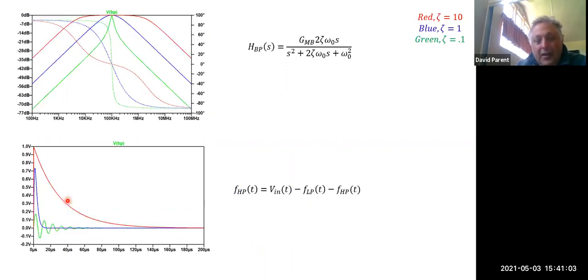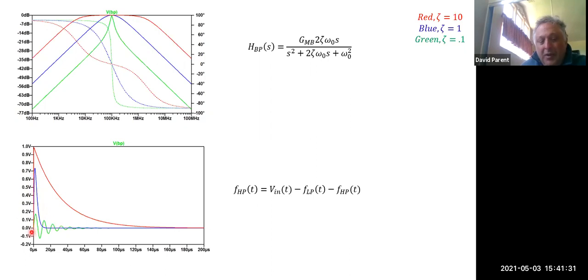Now with the band pass, the red one on its own would be hard to tell from high pass. But the blue one, you can see that it takes a certain amount of time to come up and then come back down.